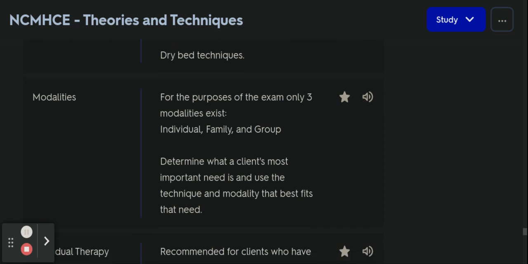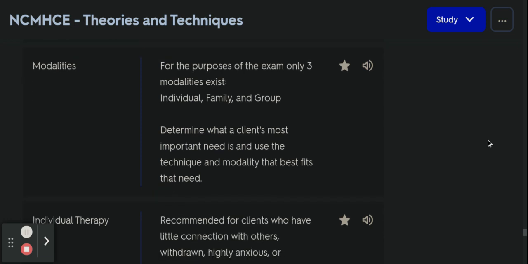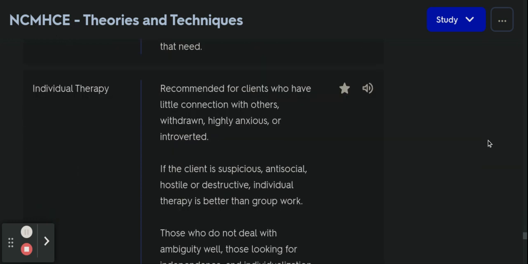Modalities: for the purposes of the exam, only three modalities exist: individual, family, and group. Determine the client's most important need and use the technique and modality that best fits that need. Individual therapy is recommended for clients who have little connection with others, are withdrawn, highly anxious, or introverted.